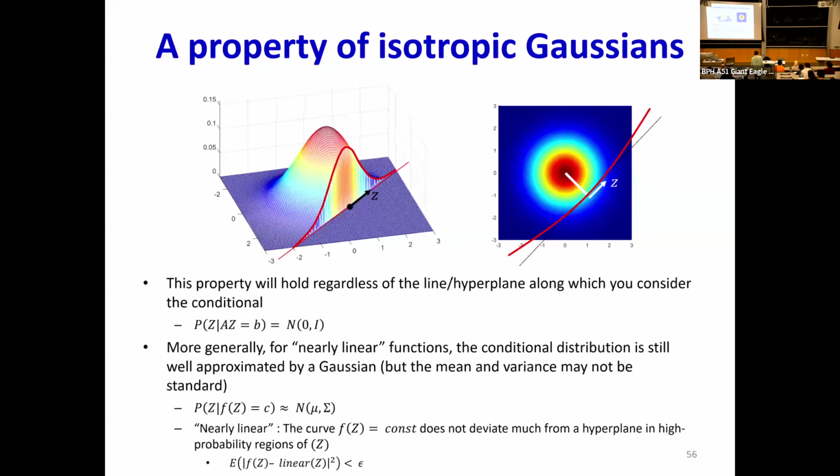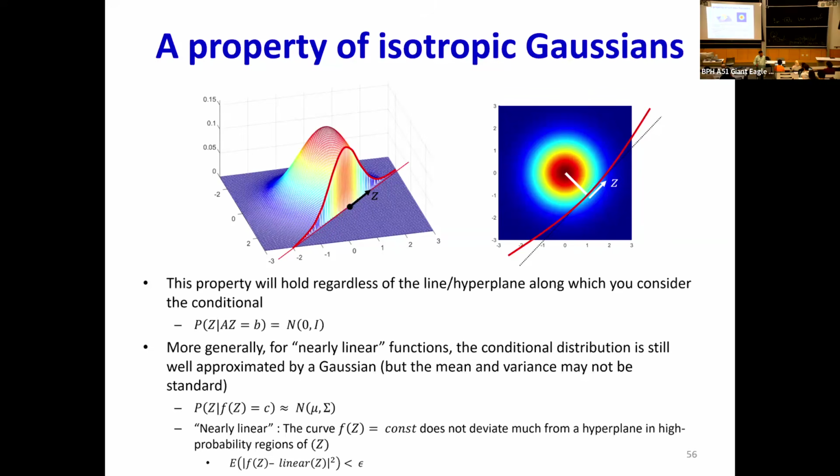Now this has a secondary consequence. Instead of looking at a plane, if I look at something that's almost a plane, a mildly curved surface, and the surface is not varying too much from a plane, then on the mildly curved surface the distribution is going to be approximately Gaussian, almost Gaussian.